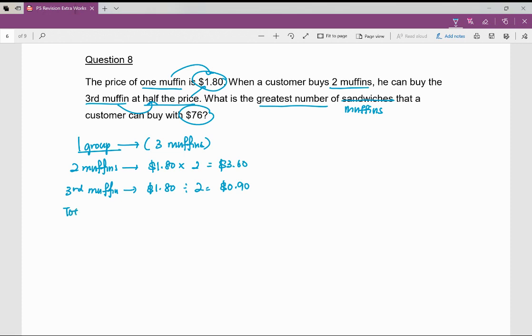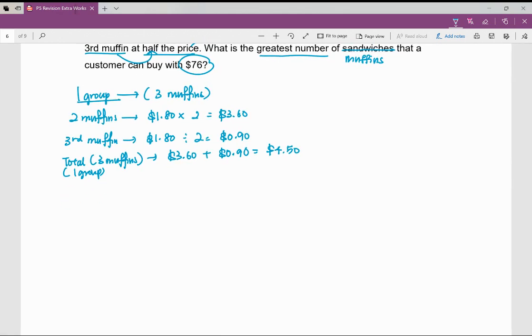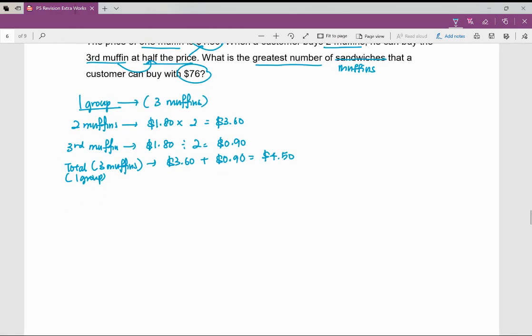So the total of 3 muffins in a group is actually 360 plus 90 cents, and that gives me $4.50 for one group. So I've already established the value in one group, which is $4.50 for 3 muffins.